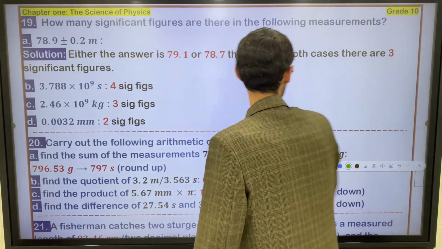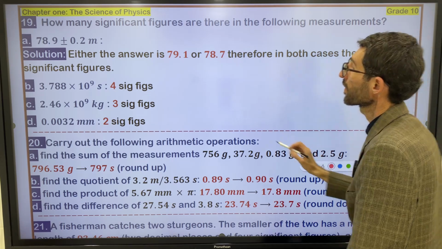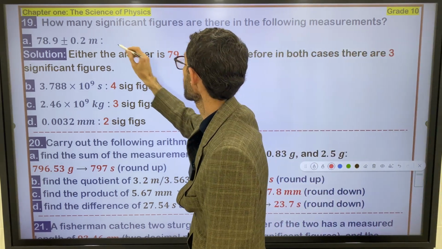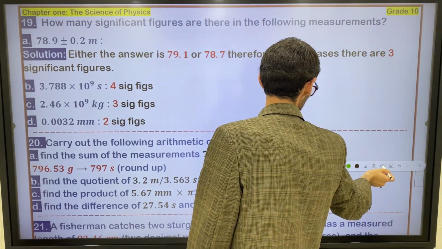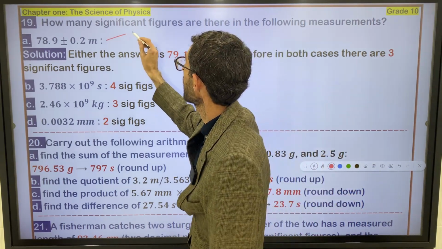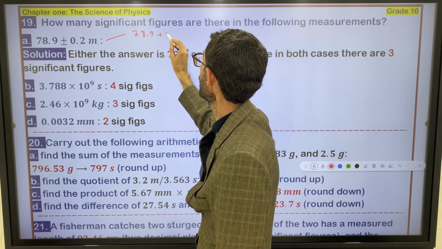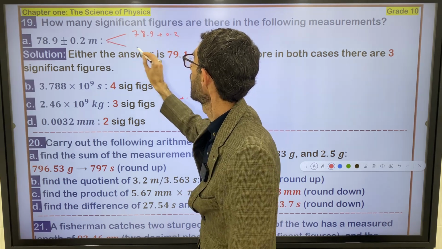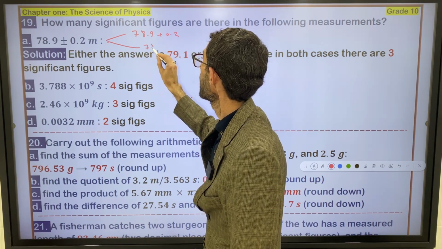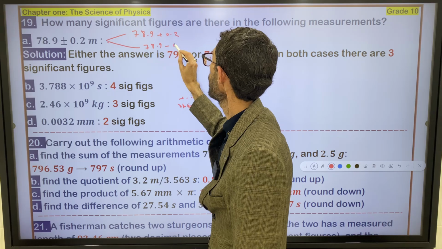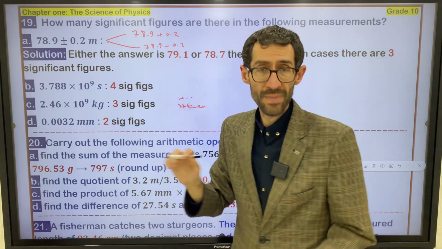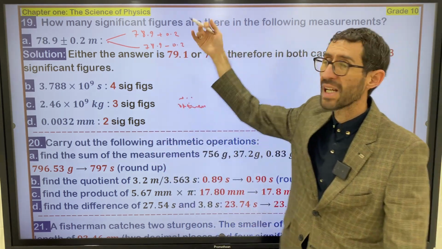As if we have two questions like this. We have 78.9 plus 0.2, or we have 78.9 minus 0.2. So we have two operations, addition and subtraction.